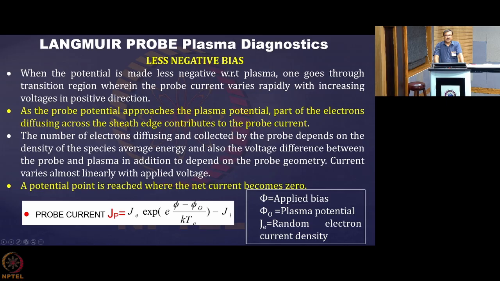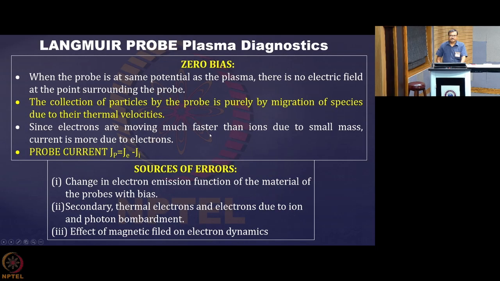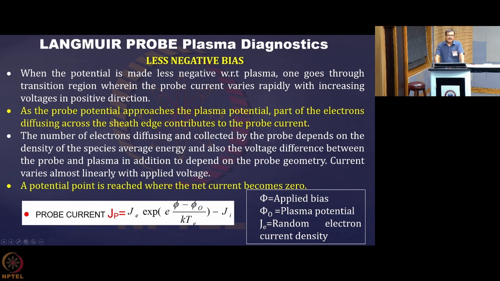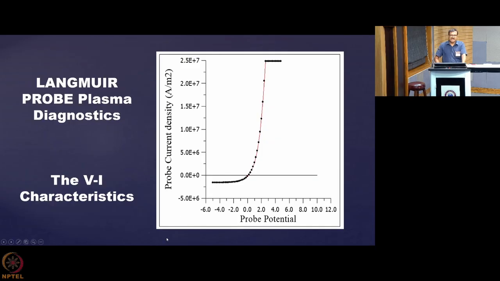So, in general the probe current, when you have less negative bias, varies as Jp is equal to Je exponential of e (phi minus phi 0) by kT minus Ji. So, this is the region where your probe current shows this kind of variation.